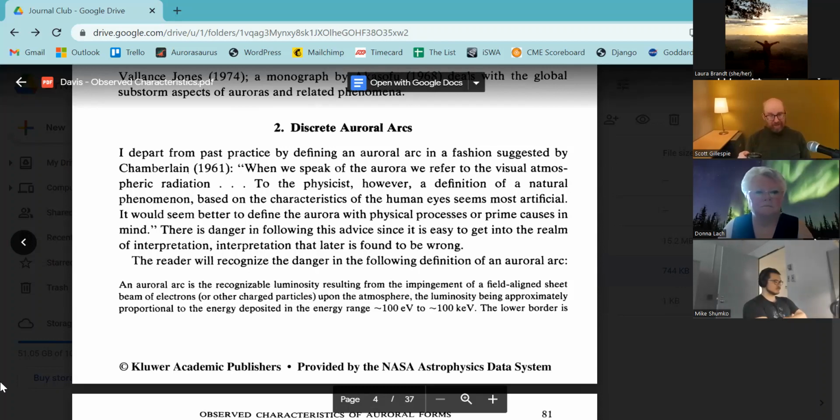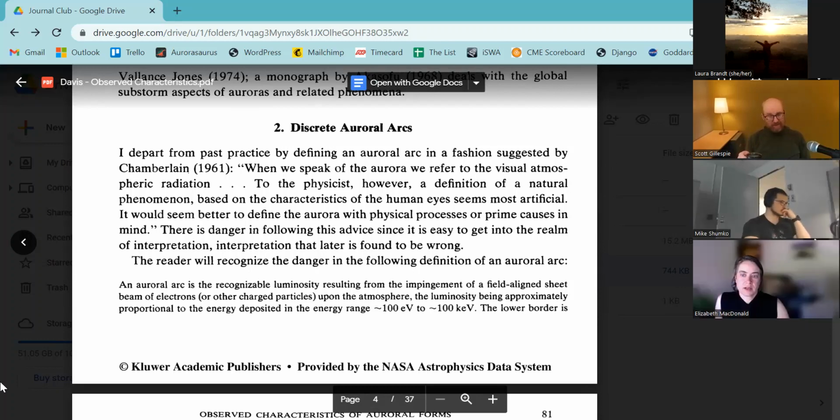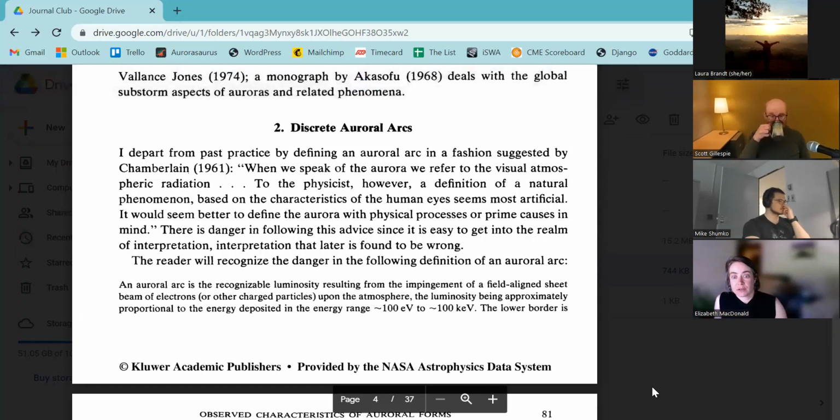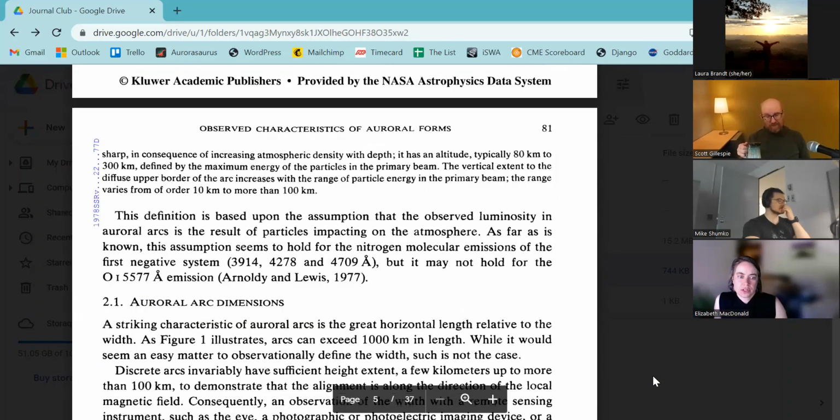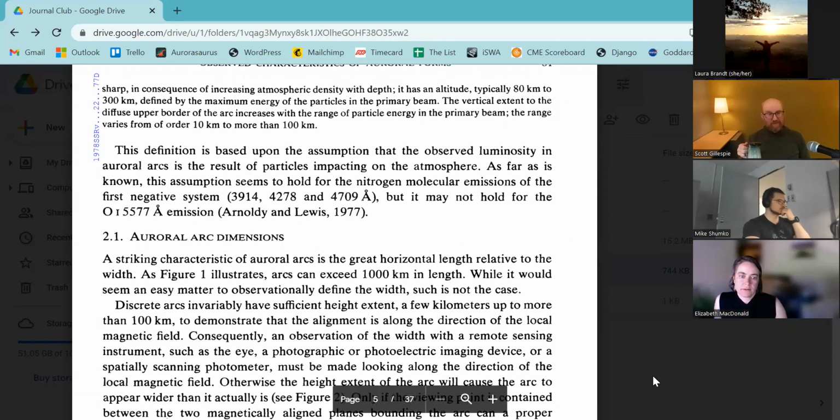An auroral arc is the recognizable luminosity resulting from the impingement of a field-aligned sheet beam of electrons or other charged particles upon the atmosphere, the luminosity being approximately proportional to the energy deposited in the energy range 100 electron volts to 100 kilo electron volts, 100,000 electron volts. The lower border is sharp in consequence of increasing atmospheric density with depth.